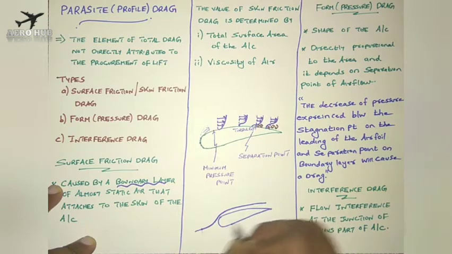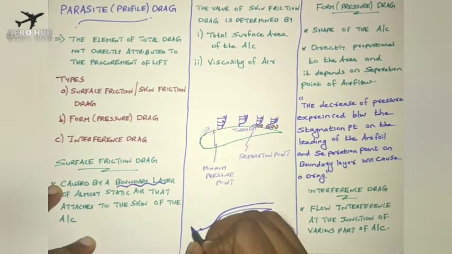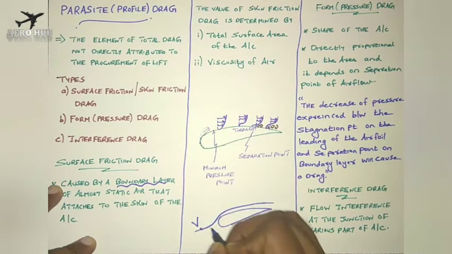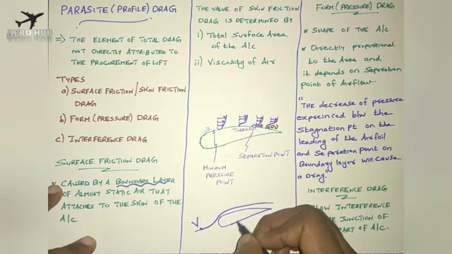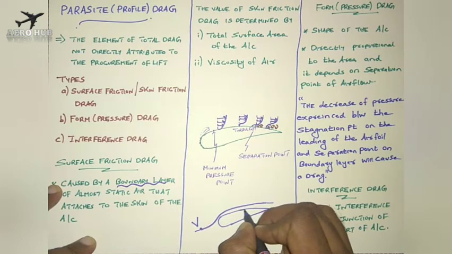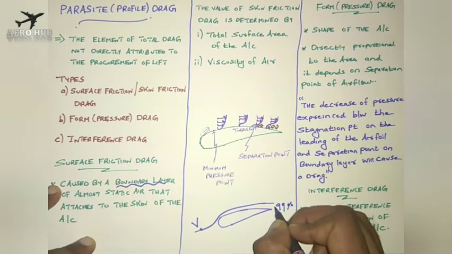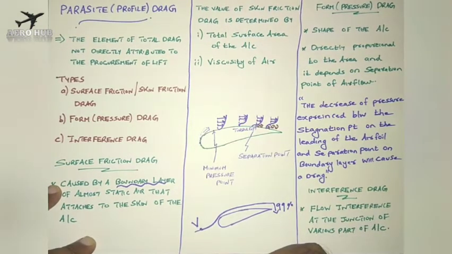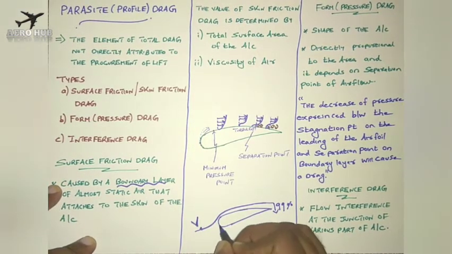And the velocity here will be capital V, and you can see the velocity at this position is called free stream velocity. Okay, and at the surface the velocity will be less than 99% of free stream velocity. Can you understand? See, we have a velocity of air which is approaching the airfoil.